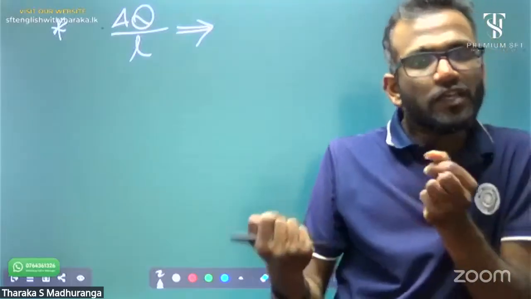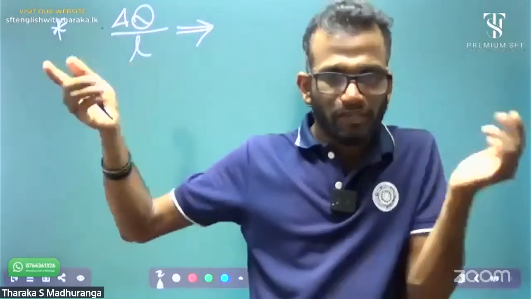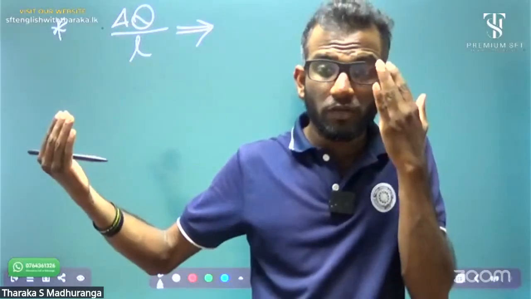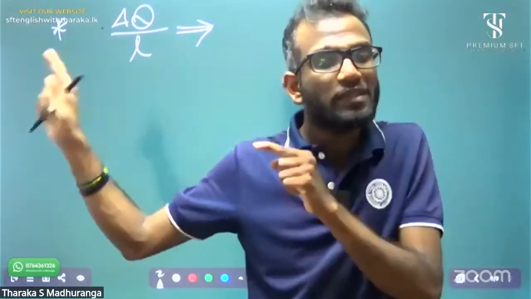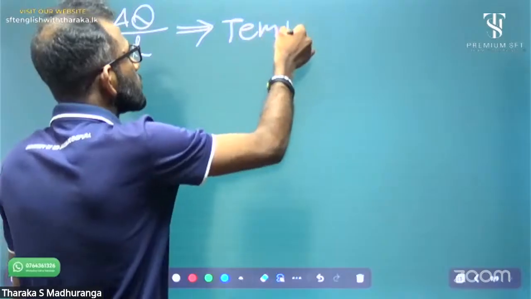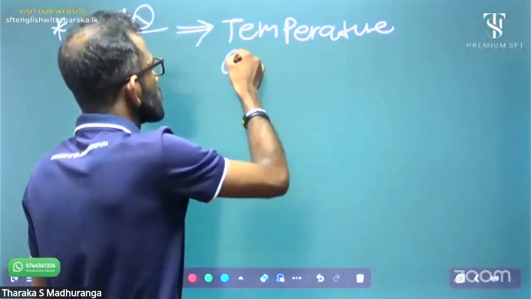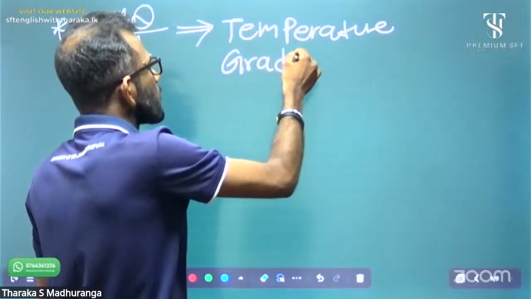Temperature difference in a unit length. That's the meaning. The temperature difference per unit length of a solid object, we call it the temperature gradient.